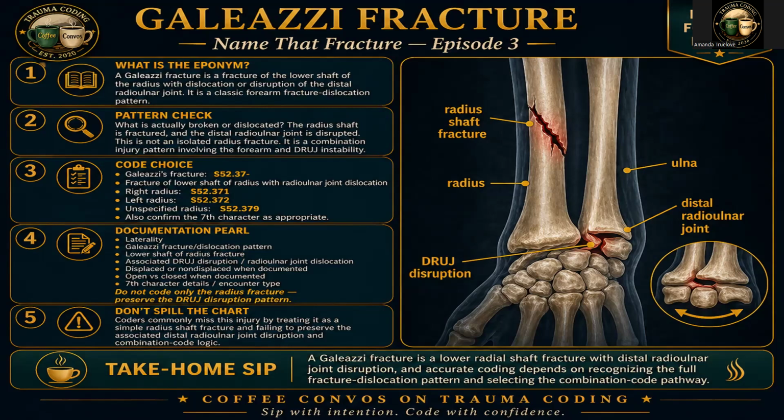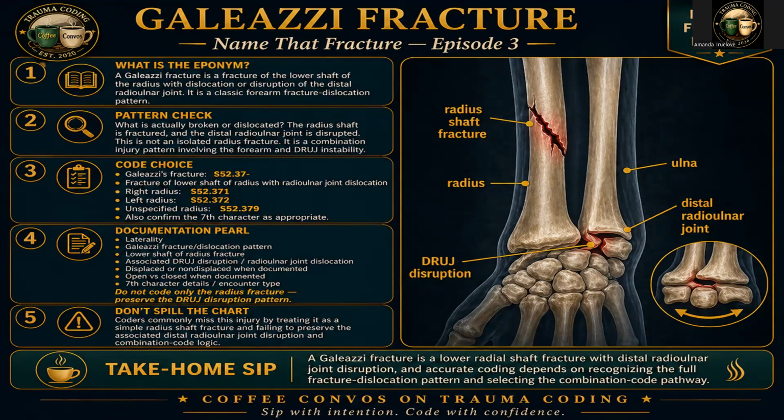Well, our documentation pearl tells us that our provider will provide the details for accurate coding and clearly document things like laterality, your radius fracture location, the displacement or non-displacement of the actual fracture, whether it's an open or closed injury pattern, and whether you have that distal radioulnar joint disruption or subluxation, maybe also any instability or any associated ulnar styloid or wrist findings.